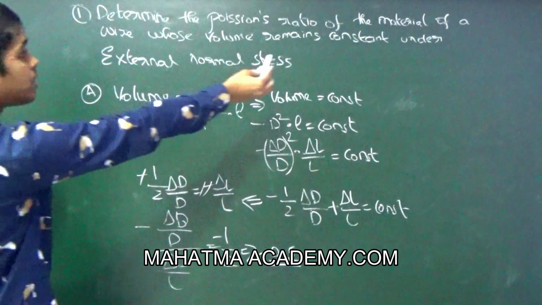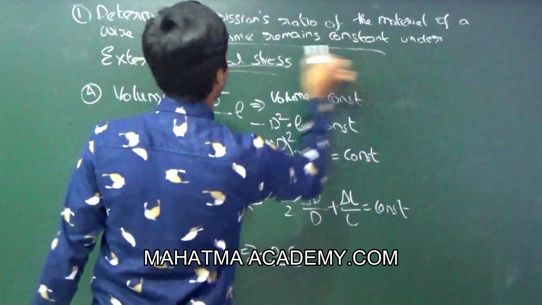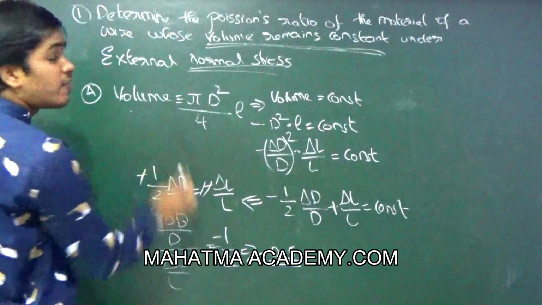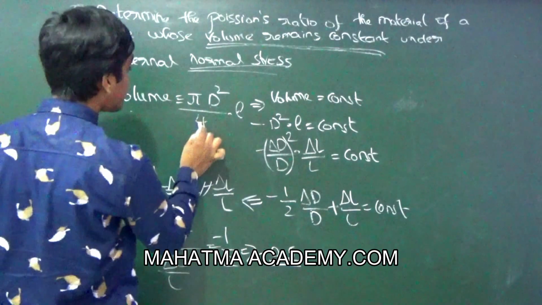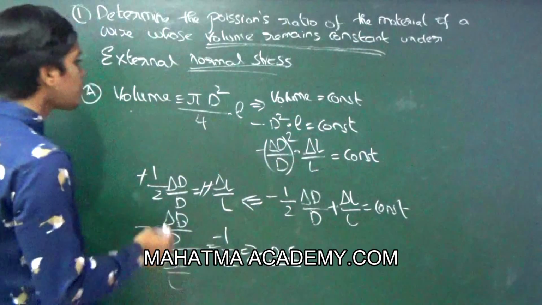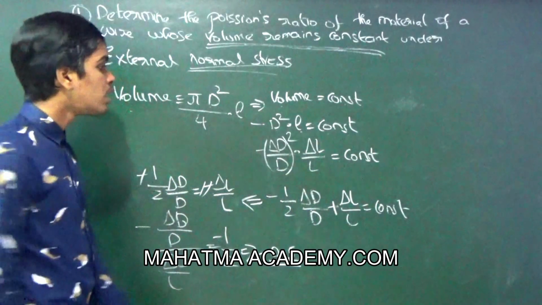The problem states that under normal stress volume is constant, so we want to find out the Poisson's ratio. The volume is pi d square by 4 into L. Here the volume is constant, that is, d square into L is constant.